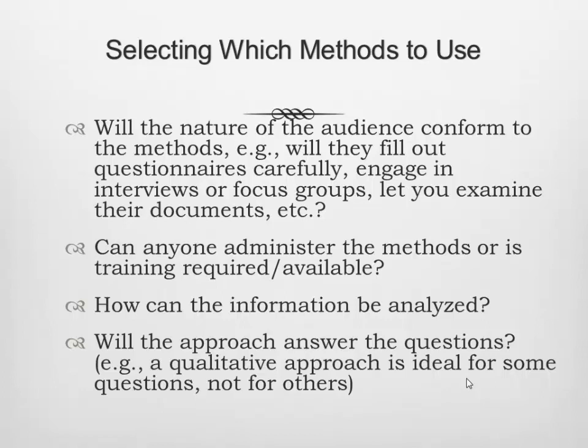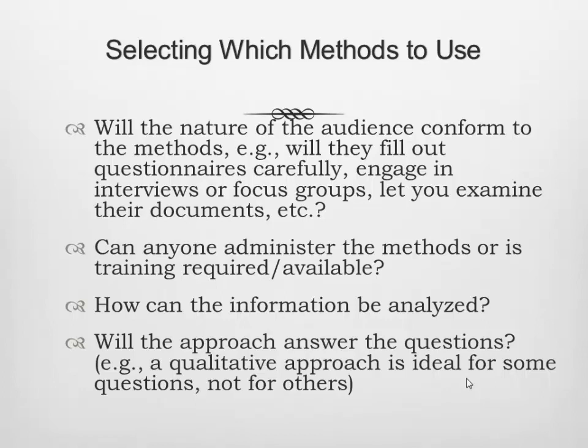So some things to consider include, will the nature of the audience conform to the methods? And by audience, I mean research participants or members of the agency or program that you are evaluating. And by conform to the methods, I mean which method of collecting data is going to be most likely to allow you to collect the most data from the largest number of participants and the kind of data that you need.